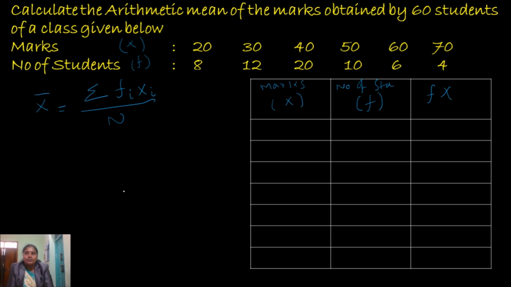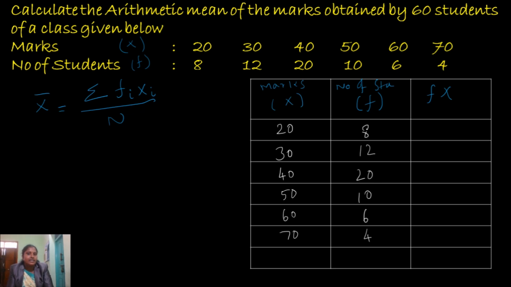Let's now write down the given values in the first and second columns. The marks are given as 20, 30, 40, 50, 60 and 70. Corresponding frequencies are 8, 12, 20, 10, 6 and 4.